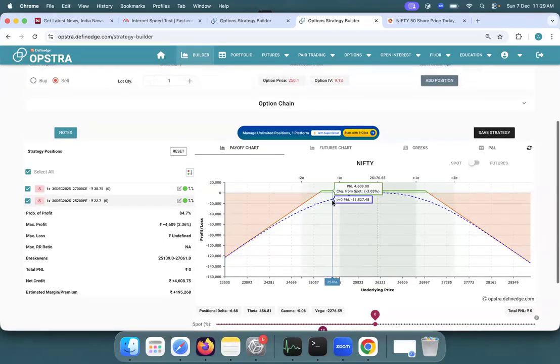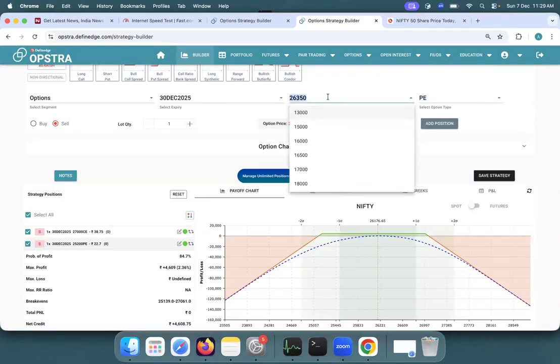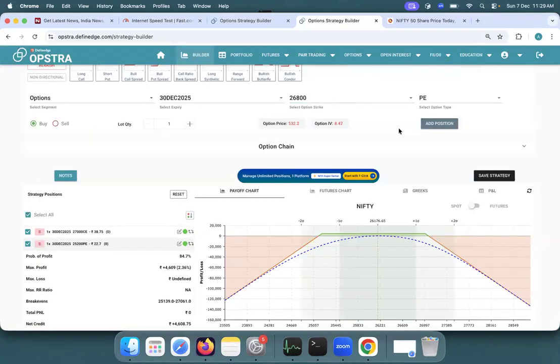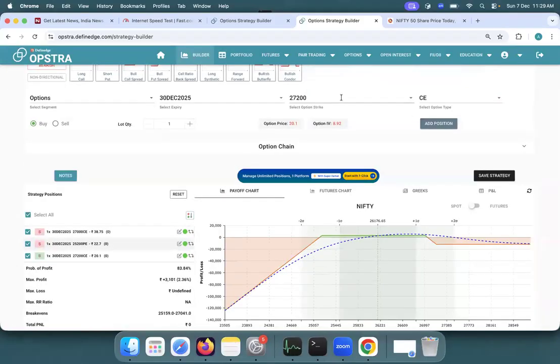Now if I buy a hedge, basically an iron condor, if I buy a leg outside 27,000, for example, 27,200, let me buy a call outside this and let me buy a 25,000 put.